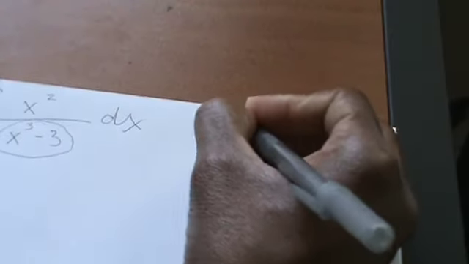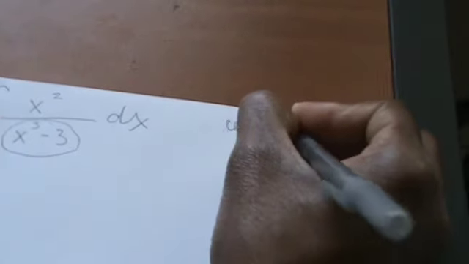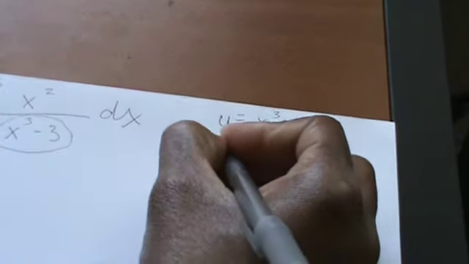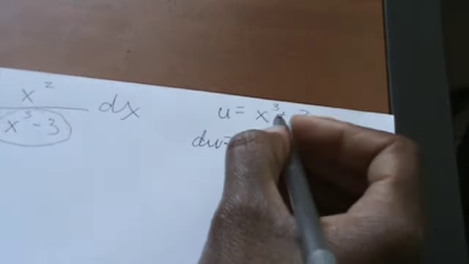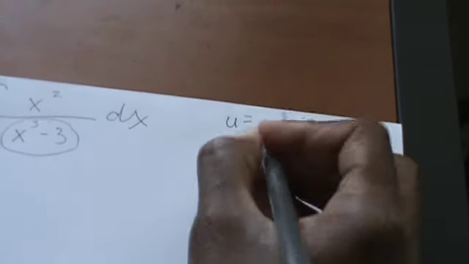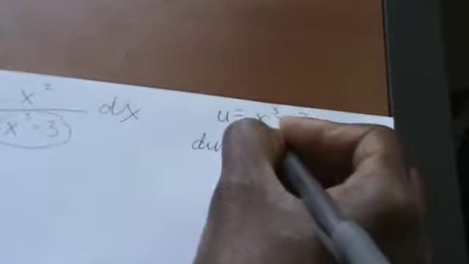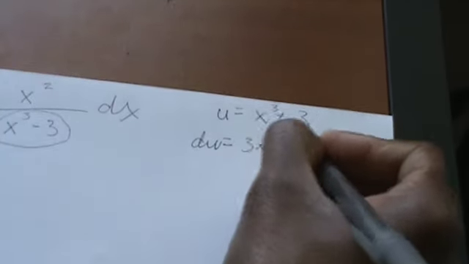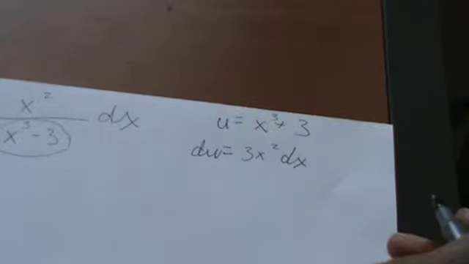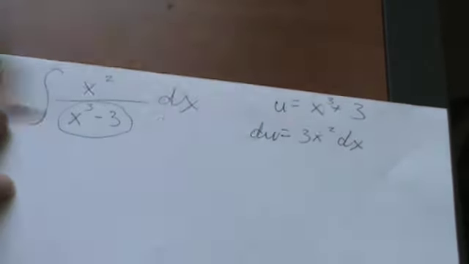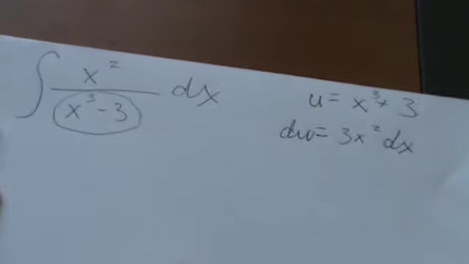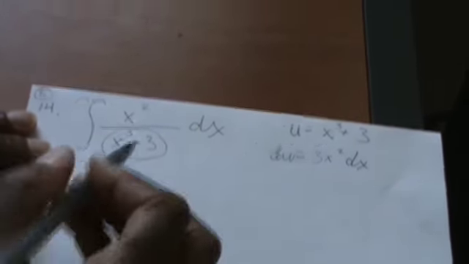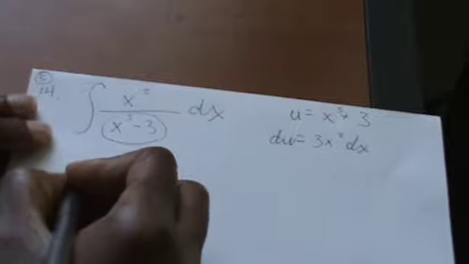So if u equals x cubed plus 3, then the derivative of u equals, well, the derivative of x cubed is 3x squared, and the derivative of this 3 is 0, but we have to acknowledge that we took the derivative with respect to x. All right, so let's see if we can tie this in. Notice I'm going to put a u at the bottom because that's where that is.